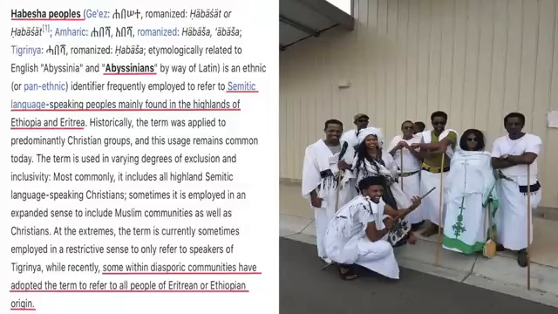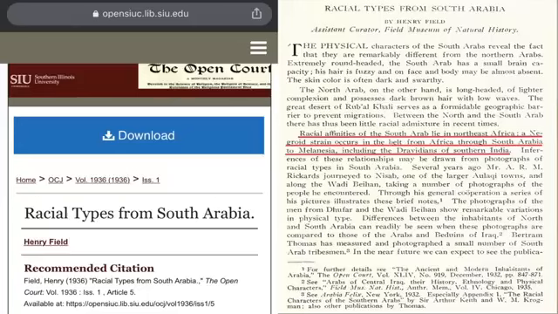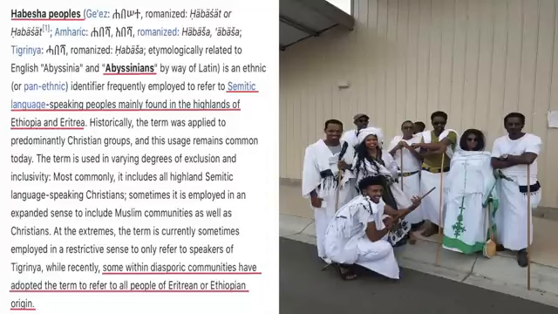Abyssinians are Habesha peoples, and they are Semitic language speaking peoples who mainly live and reside in the highlands of Ethiopia and Eritrea. People in the diasporic community typically have adopted the name Habesha, referring to all peoples of Eritrean and Ethiopian origin. And by the way, to the right hand side of your screen is an actual image of Habesha people. So that's how Joktanites could have looked, and early Semites for that matter.